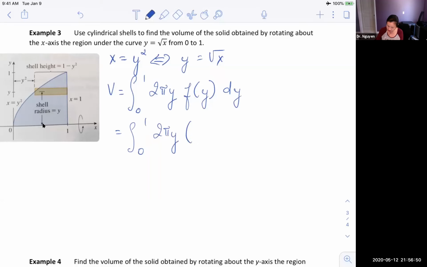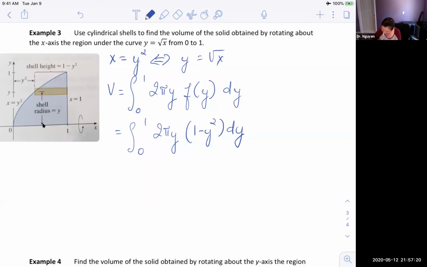Now you notice that the height of the shell is 1 minus y squared, right? Because we go from 0 to 1, with x equals 1. So that's the boundary right there. So the shell is going to be 1 minus y squared dy.